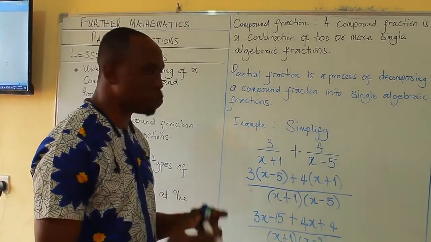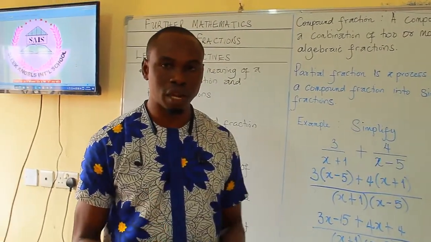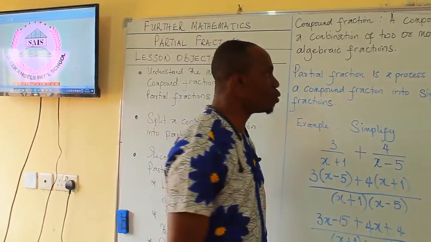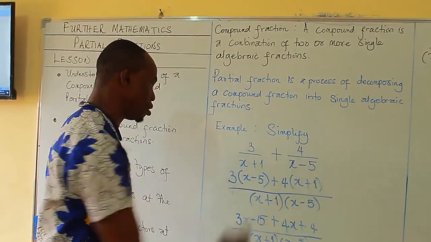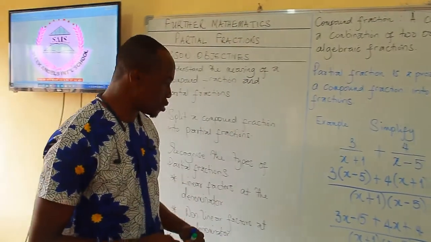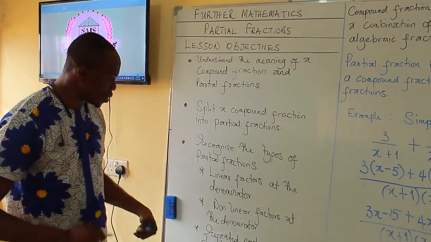It's a process of breaking down a compound fraction into single algebraic fractions. So my aim in today's class is to make sure that I split this compound fraction back to the original single fractions.